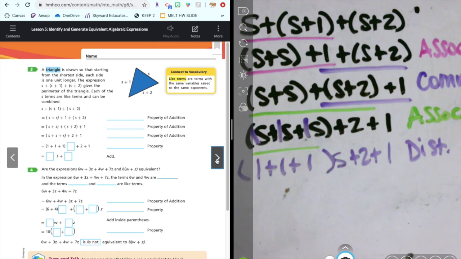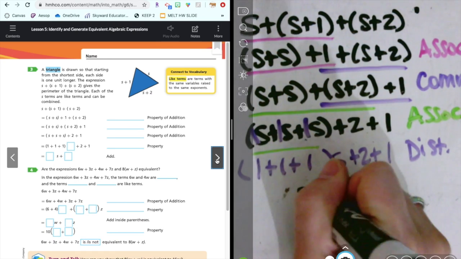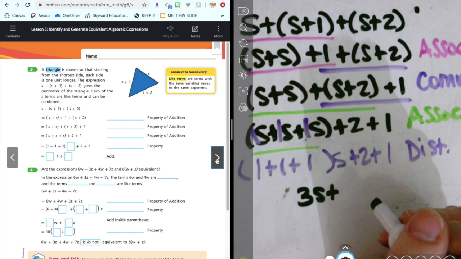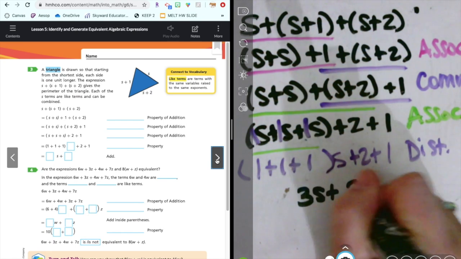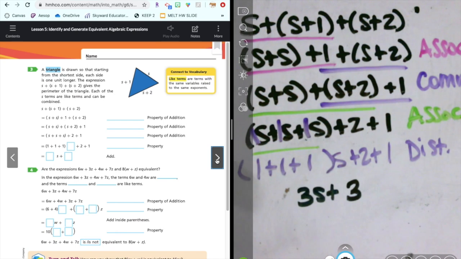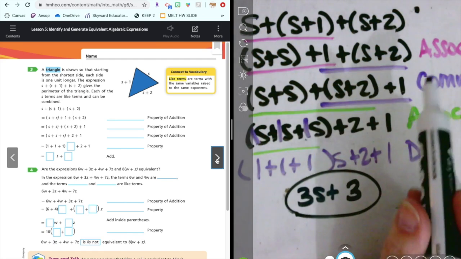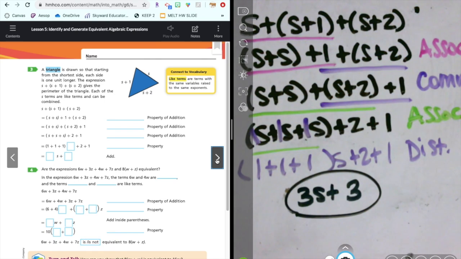Then we can add those ones and get 3s plus 2 plus 1 is 3. So 3s plus 3. And we're done. We just combined like terms. So we're going to use our properties to rearrange to make it easier for us, and then we can put them together. Okay, we're going to keep going, don't worry.